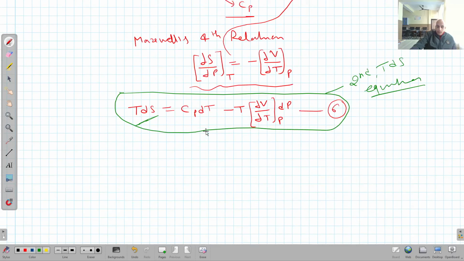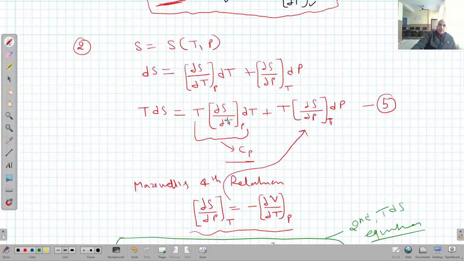Now I'm going for the third. Clear? Right? So for deriving the third TdS equation, we will take entropy as a function of pressure and volume. Yeah? So now the situation is different.